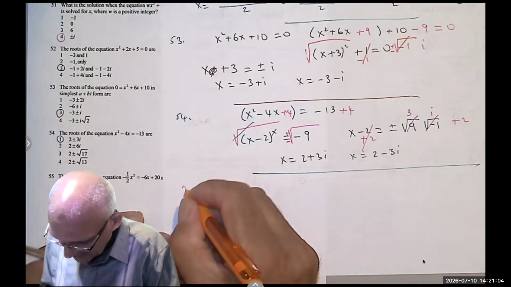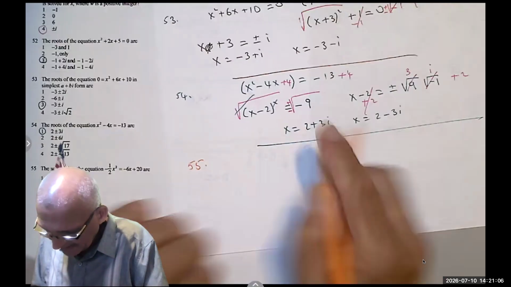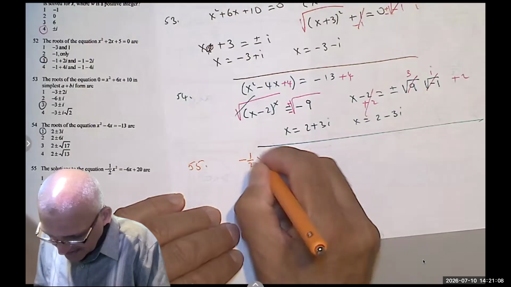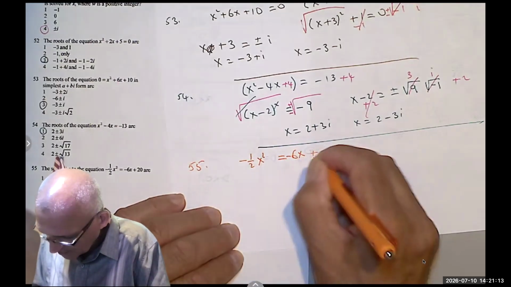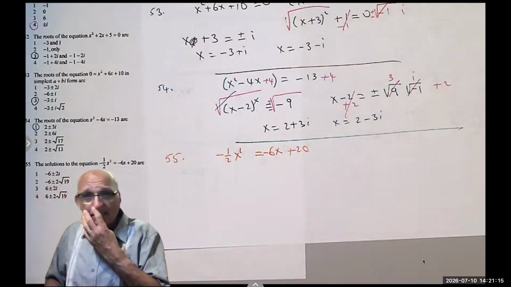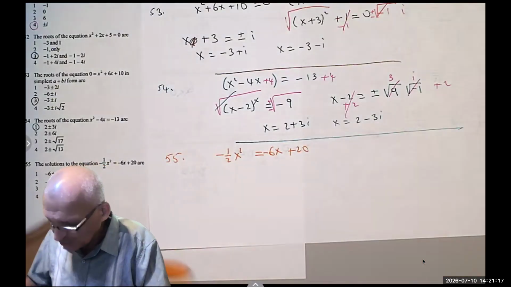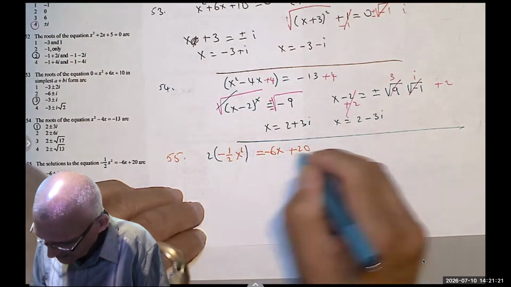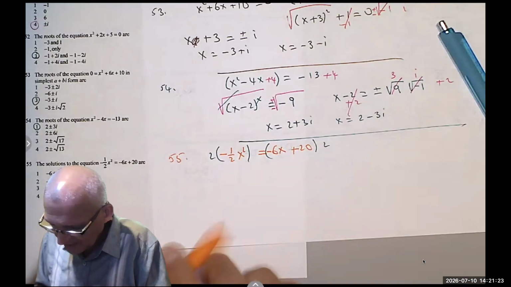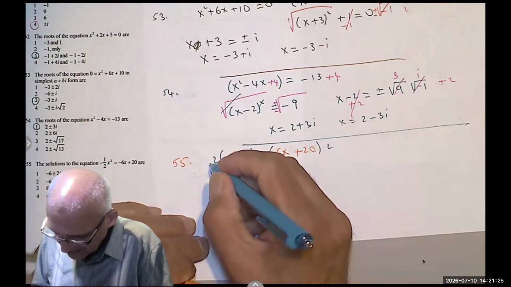And finally, on this page, number 55, I have negative 1/2 x squared equals negative 6x plus 20. I think it's better to multiply by 2 both sides, or by negative 2 even.